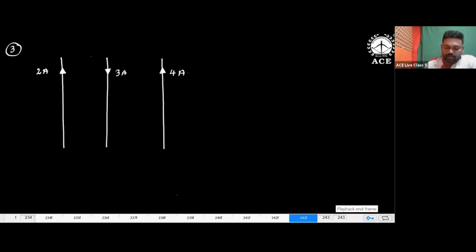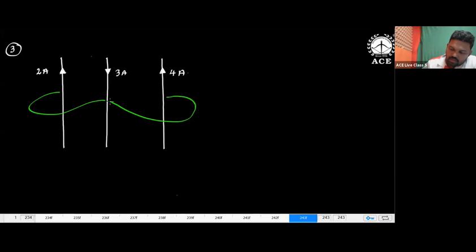Now there is a loop here, beta, with the loop direction like this.